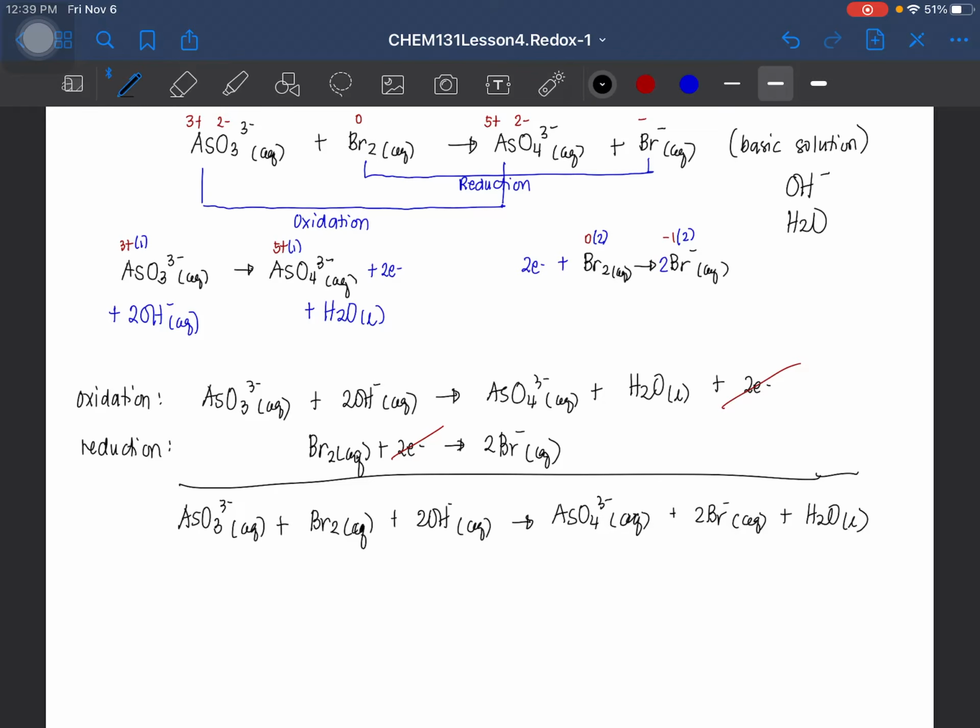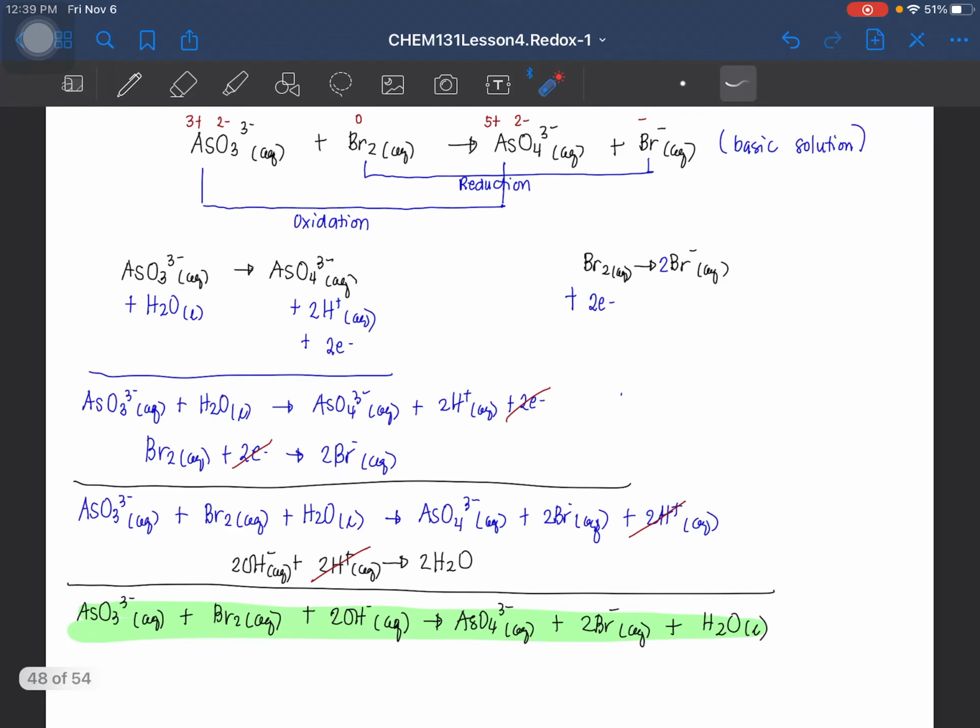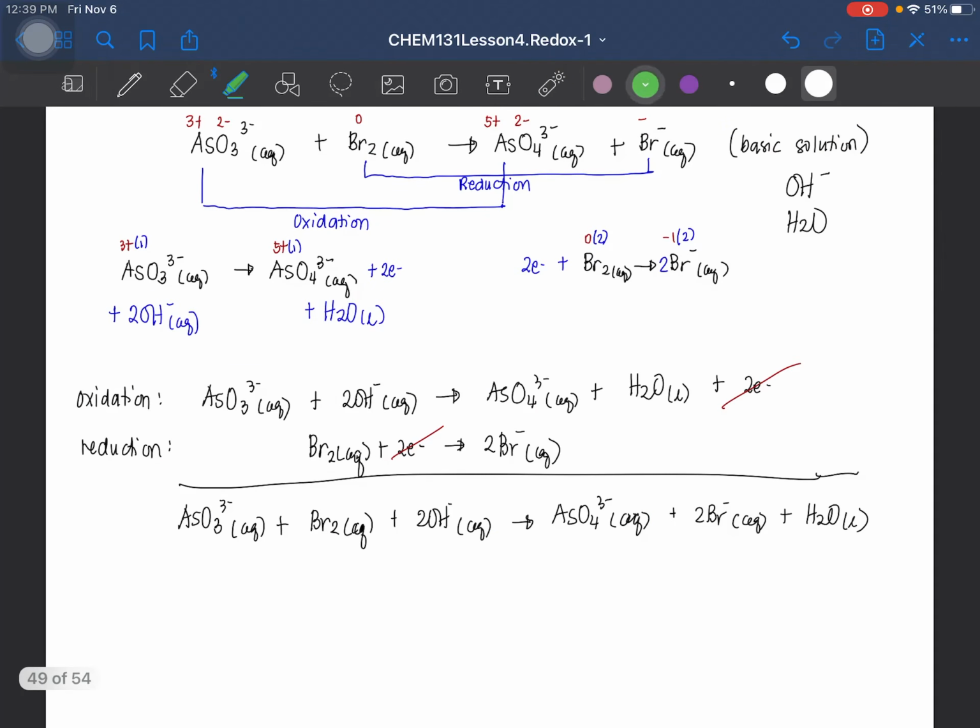So, let's try to check if our answer is the same as the previous solution. So 1, 1, 2, 1, 2, 1. 1, 1, 2, 1, 2, 1. So this is our answer for the balanced redox equation using the second method.